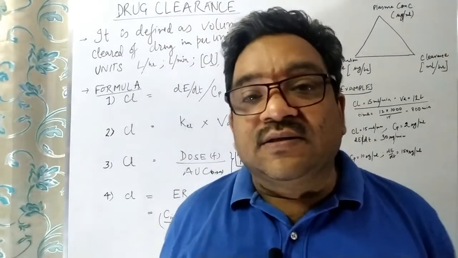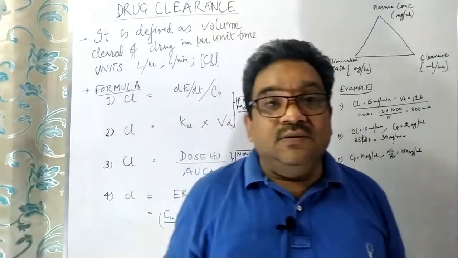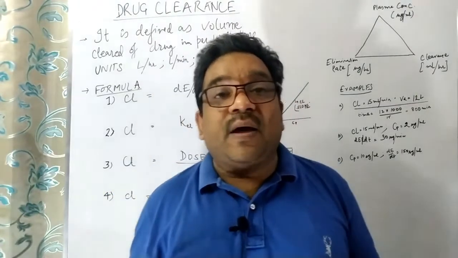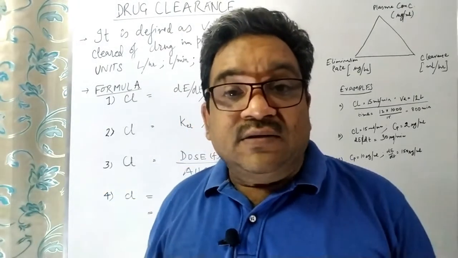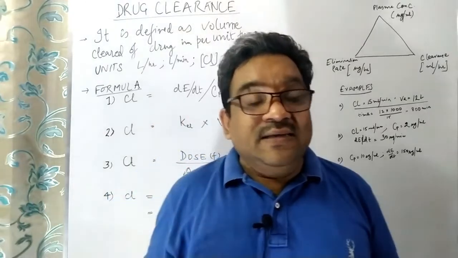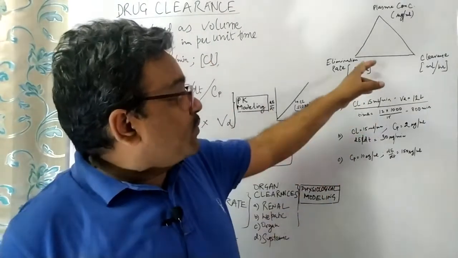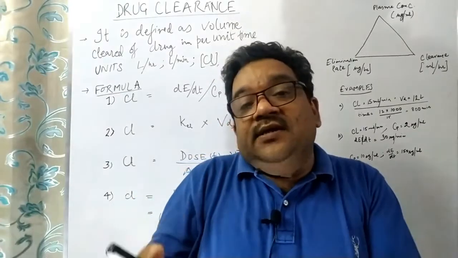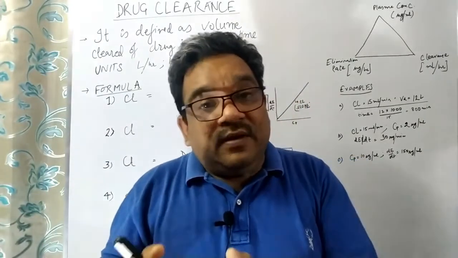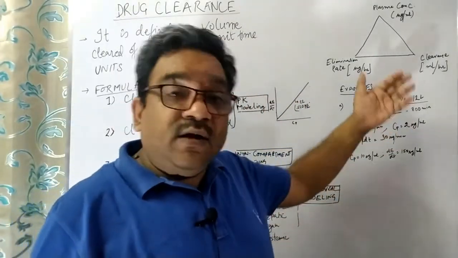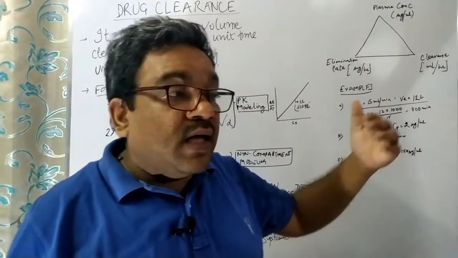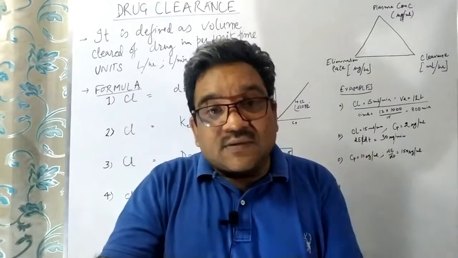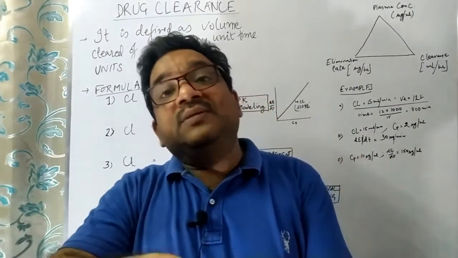An important significance of clearance is that it is one of the important pharmacokinetic parameters which has clinical significance, since it represents how the drug is eliminating. One way to express elimination of a drug is through the rate of elimination or the elimination rate constant, but simultaneously we can explain elimination by means of clearance.